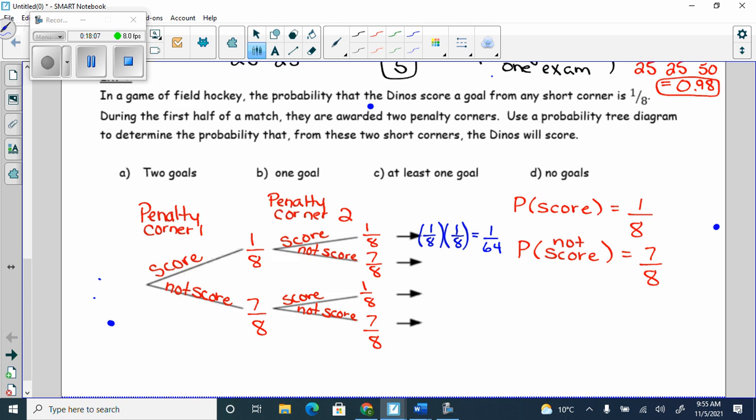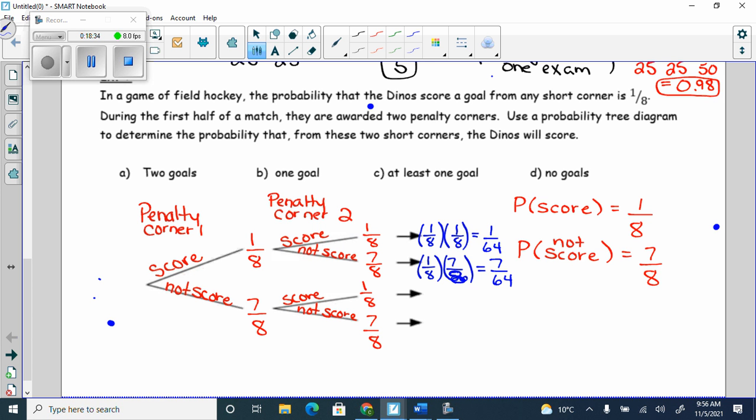The next option I could have is score on penalty corner 1, not score on penalty corner 2, which is 1/8 times 7/8. Which is 7 out of 64.